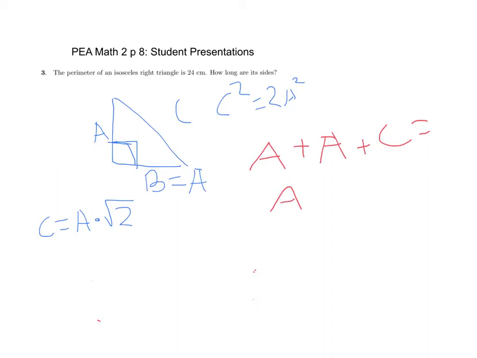Yeah, that's what I was thinking earlier, which is why I wrote 3A. I'd rather you not write the 3A, but do that with the A root 2 on there. So it'd be A plus A root 2.